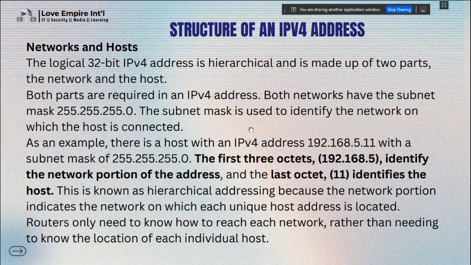Don't worry, we'll explain what a subnet mask is shortly. The first 3 octets in this IP address will be what? 192.168.5 identifies the network portion of the IP address, and the last octet, which is 11, identifies the host.